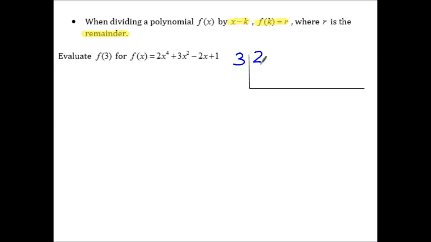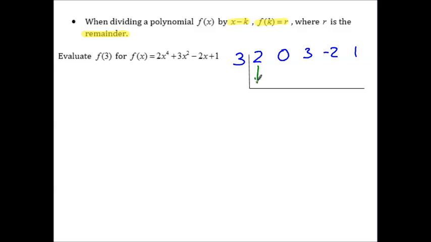We got 2 as the coefficient of the quartic term. Before we fill in the 3, let's realize that this is the coefficient of the square term. So just like in the long division, we need to fill in a missing term. 0 is the coefficient of a cubic term that's not existing. Then we fill in the 3, the negative 2, and the 1.